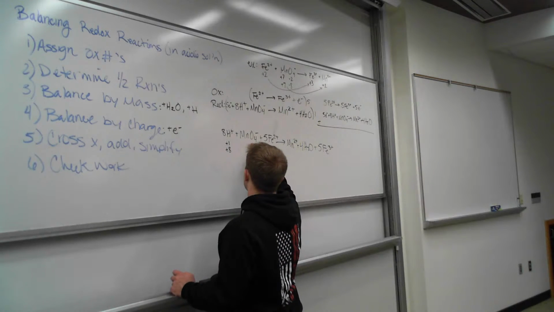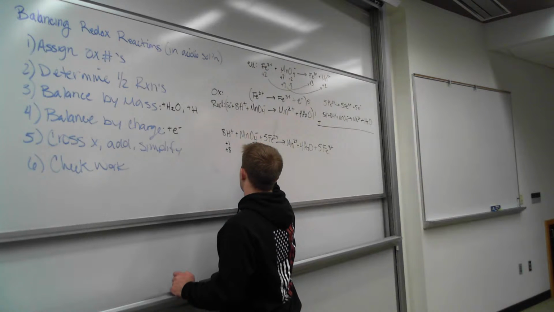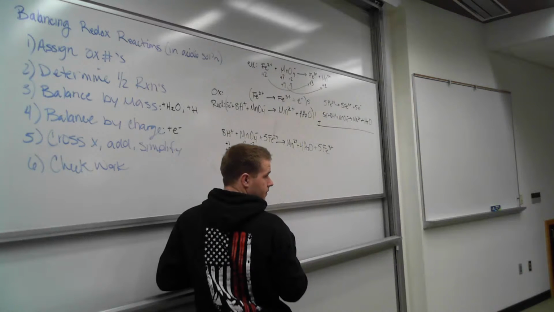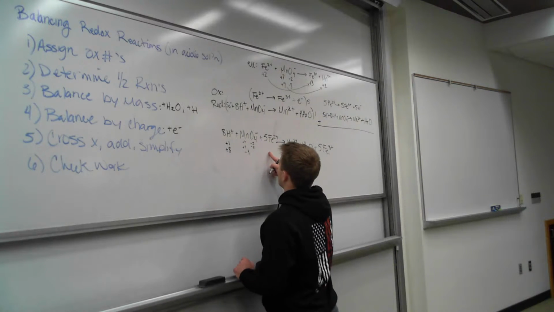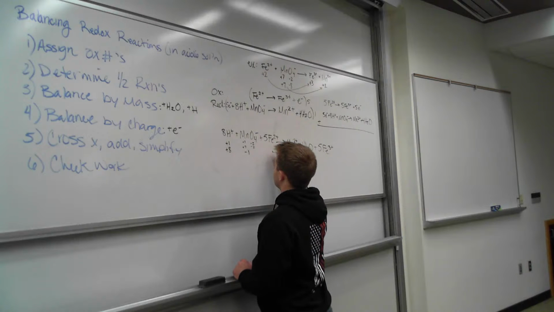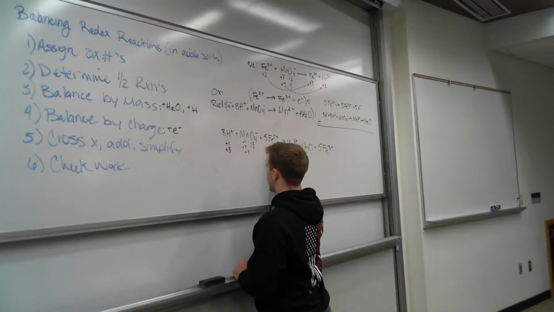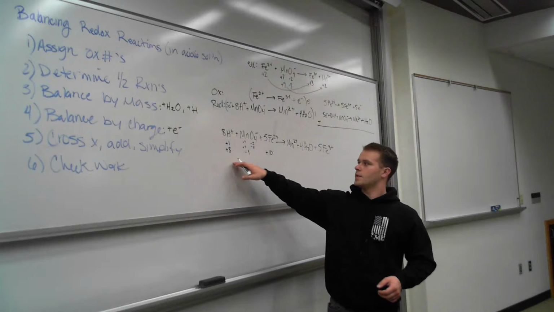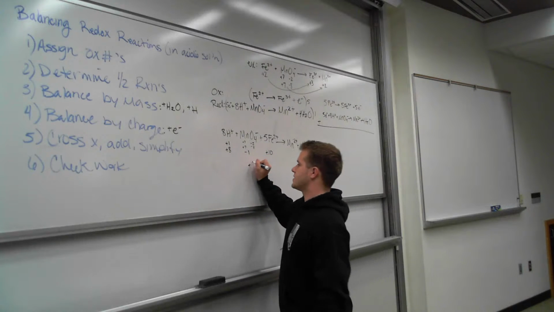Here we could go through and do this automatically, right? -2, -8, +7. We know they have to add up to be -1. Moving on, we have 5 times a plus 2 would give us plus 10. When we add all of these together, we get 8 minus 1 plus 10, we get plus 17.